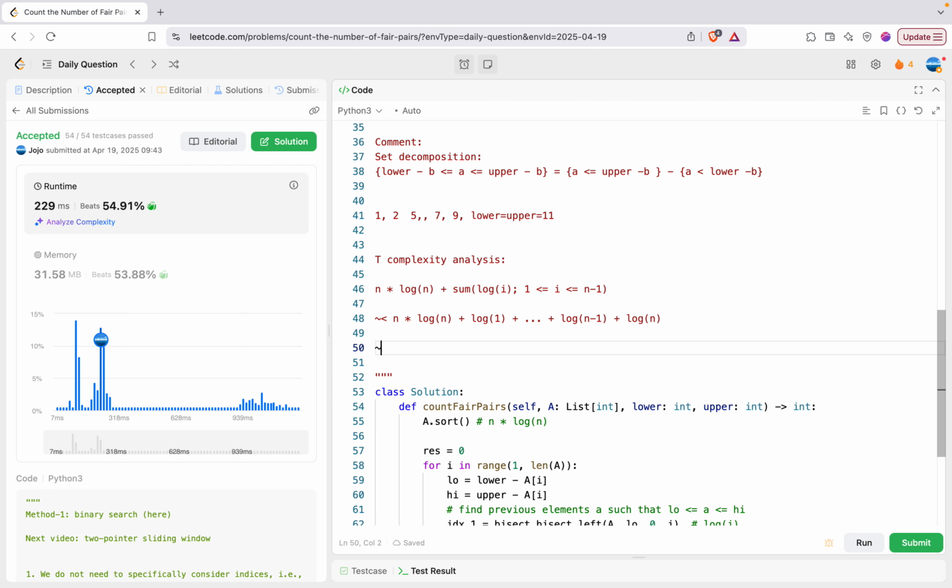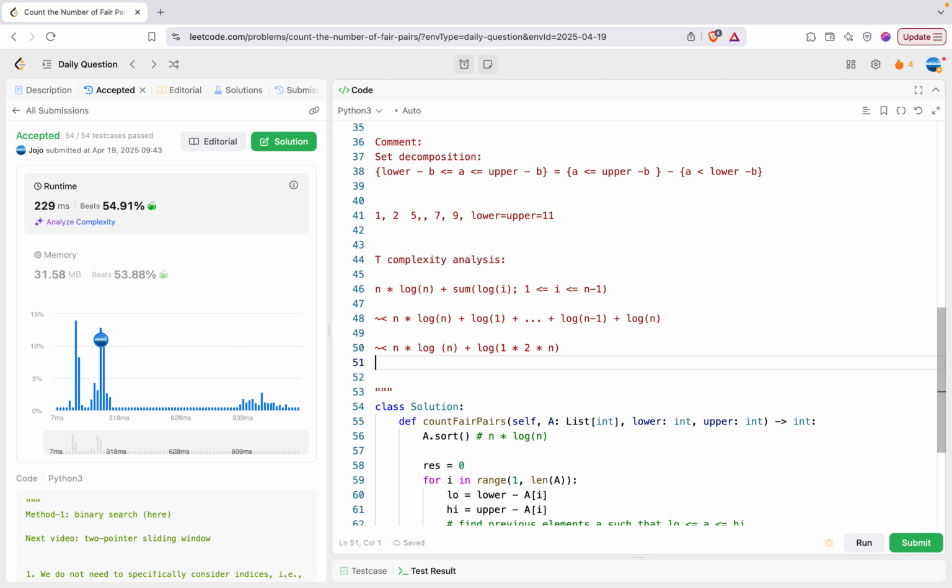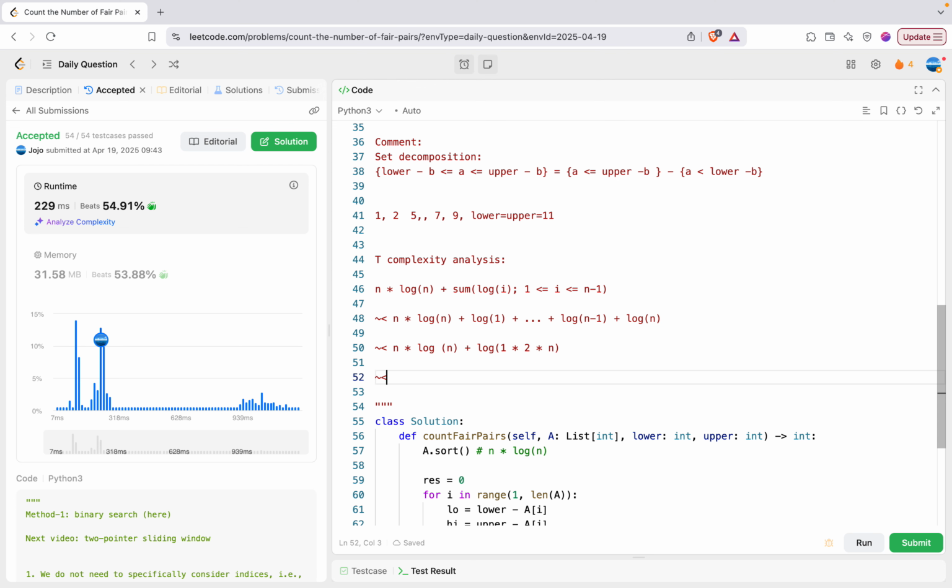We can imagine n is very large. So the latter term will be log of 1 times 2 times up to n, right? So then you write one more step: n log n plus log n factorial, right? Now we can use Stirling's formula. n factorial is roughly n log n minus n plus 1.